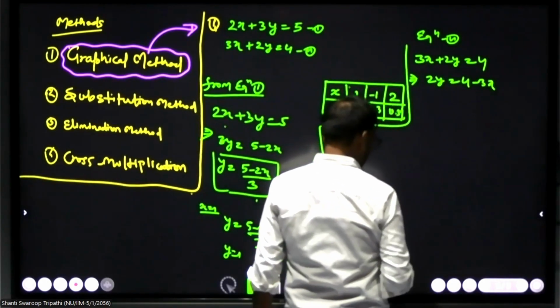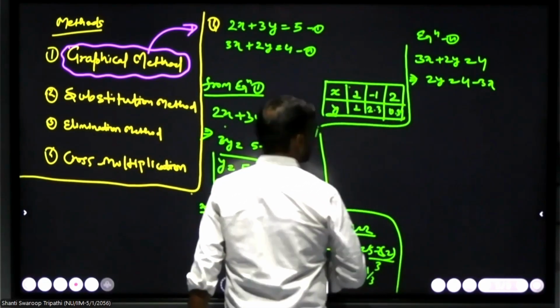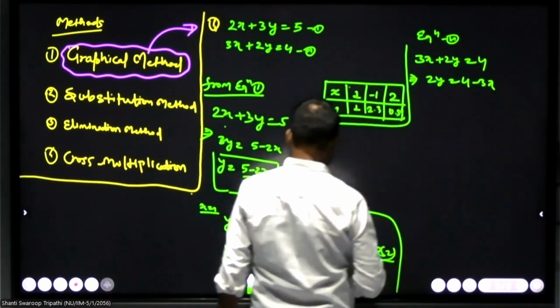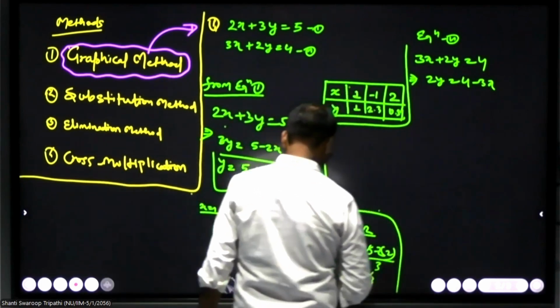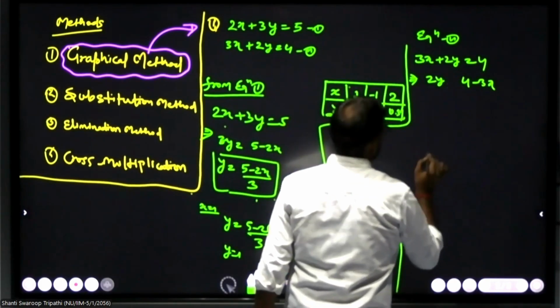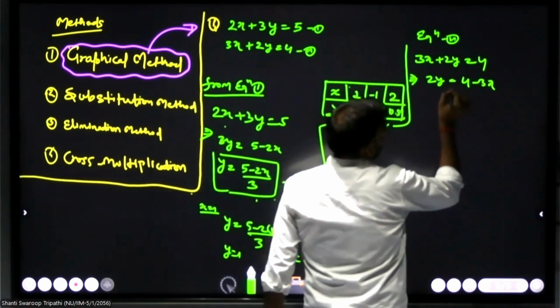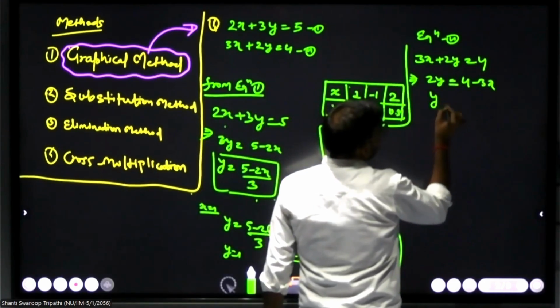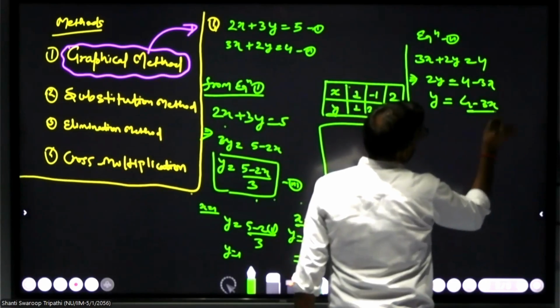And if we convert it, y equal to (4 minus 3x) upon 2 it will be.